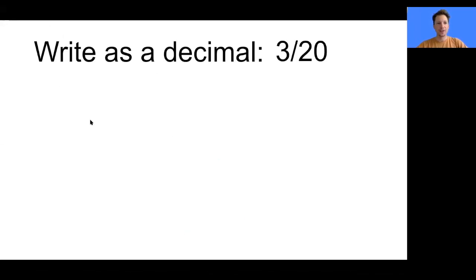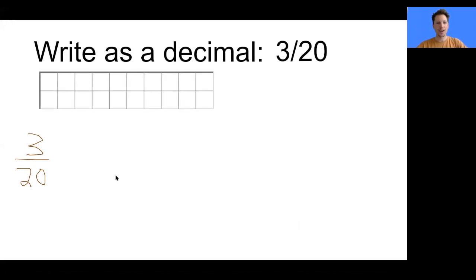All right, everyone. So the directions state write as a decimal 3/20. Now, normally we work with denominators that are 100, but this time we have sort of something special and different. We have 3/20. So in order to really see this fraction, what I recommend for you to do is use a piece of grid paper, like such as the one that you might have in your math notebook, and shade what you have for 3/20.